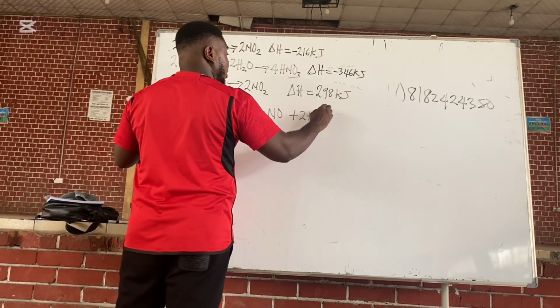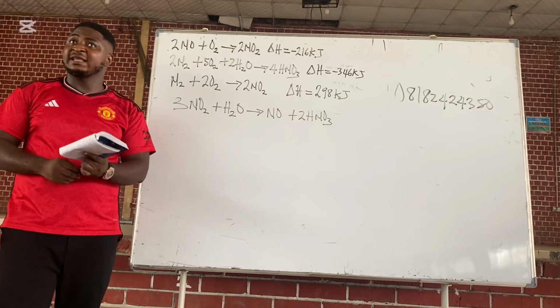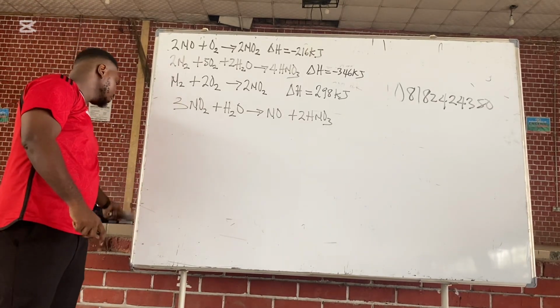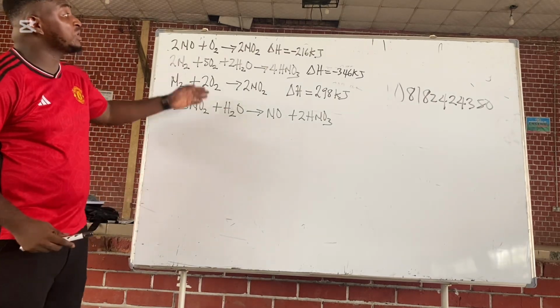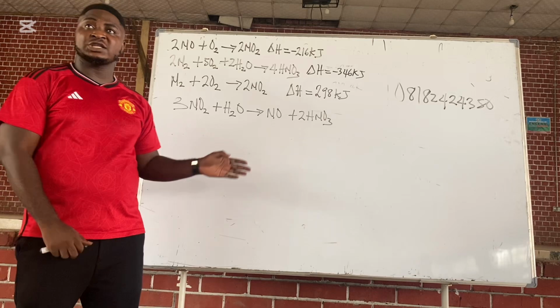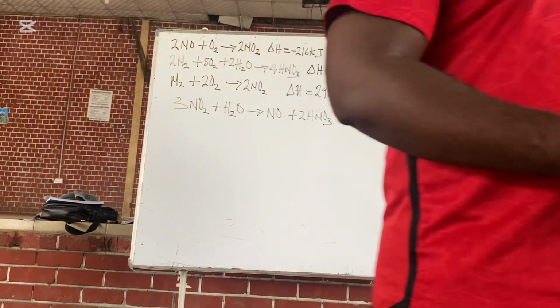Find the enthalpy change for this reaction. So we have been given 3 equations and their enthalpy changes. We are then asked to find the enthalpy change for the reaction below. Class, that's a classwork for you.